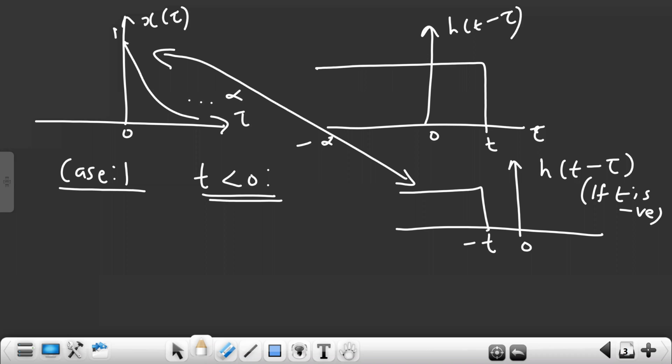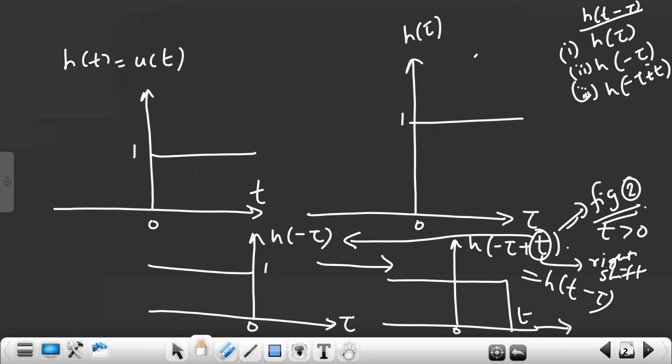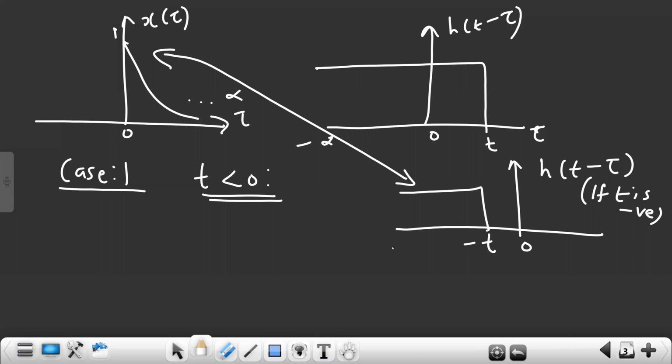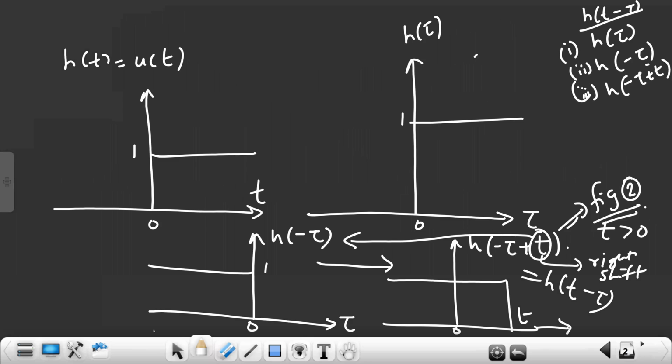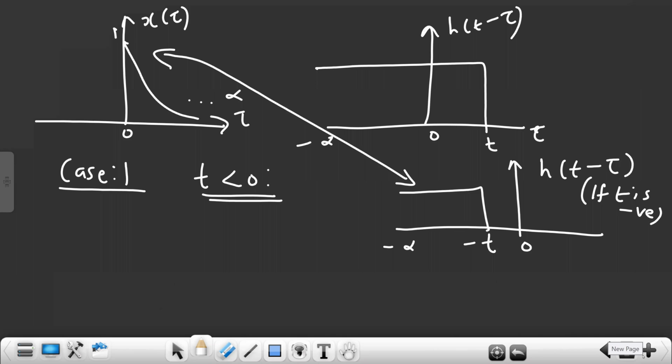One exists from 0 to infinity, the other one from minus infinity to minus t. Because h of minus tau was from minus infinity to 0, when it shifts towards left, it will come from minus infinity to minus t because t is negative.